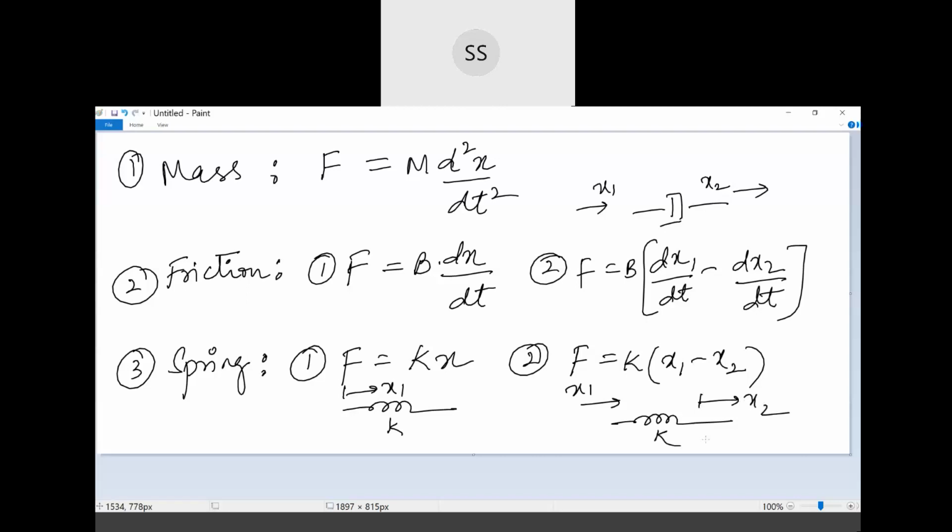Here k is the spring constant. In mechanical systems both are possible: an element may be displaced at only one end, or at both ends. So this is a summary of translational systems. In the next session, we will consider mechanical rotational systems.